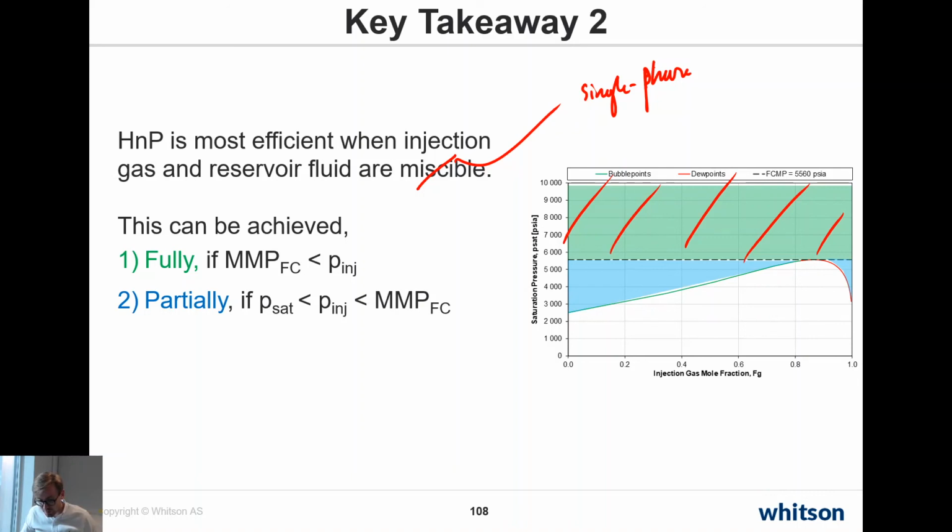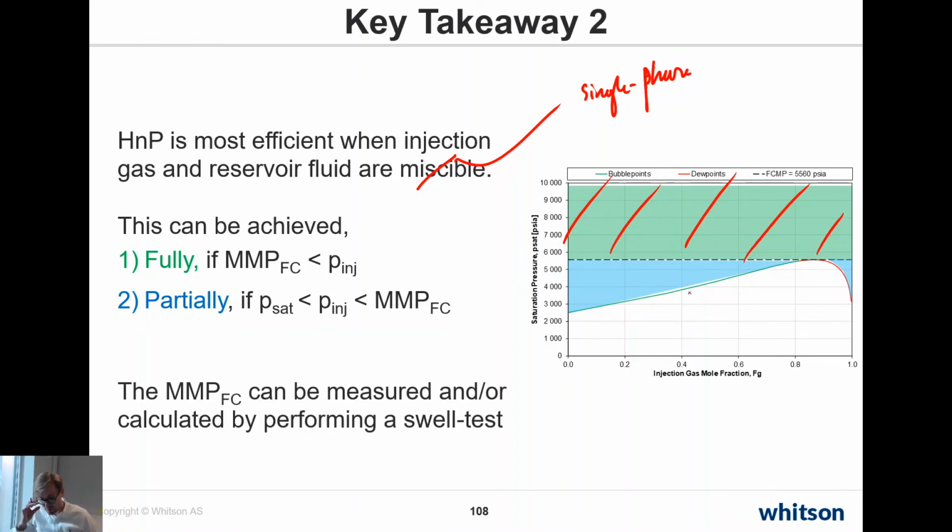Or partially when we're below, but still above the saturation pressure. That's indicated here. And we can measure or calculate that by performing a swell test. This partial part right here is essentially the key reason why you can still have a very efficient process even below the MMP by first contact.